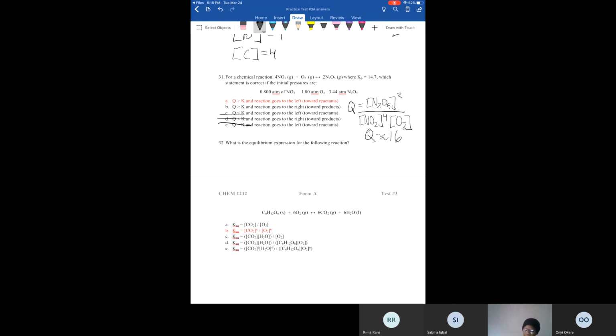So if you have too much product, the reaction is going to proceed toward the reactants. Because remember, this is the expression. If Q is too high, that means your products are too big or your reactants are too small. Either way, you're going to need to shift.